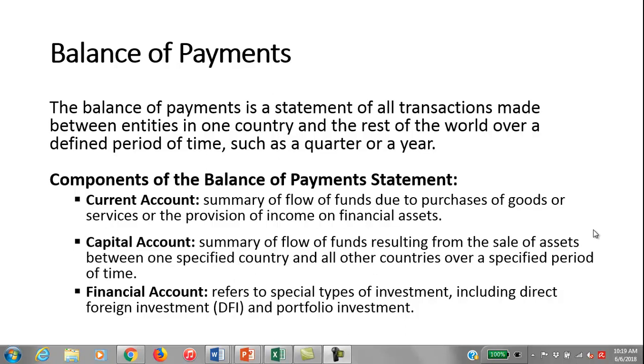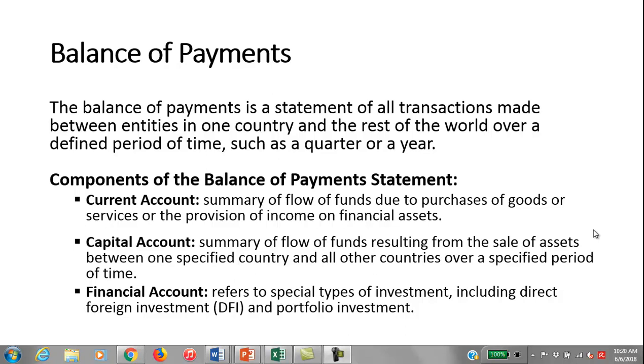There's the current account, which is a summary of flow of funds due to purchases of goods or services or the provision of income on financial assets. That's what we're going to focus on in this video. There's also the capital account, which is a summary of flow of funds resulting from the sale of assets between one specified country and all other countries over a specified period of time.